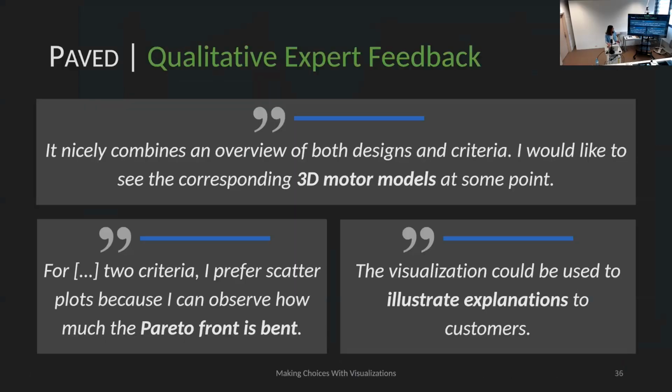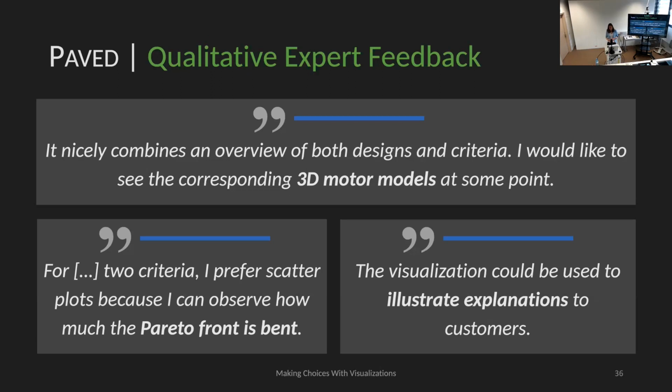Okay, so when we collected expert feedback on this visualization, one model designer pointed out that whenever 2 criteria need to be balanced, scatter plots are his visualization of choice, simply because from the bending of the Pareto front, he can directly see how much losses in one criterion need to be traded for a certain gain in the other criterion. However, most optimization scenarios typically come with more than 2 criteria.